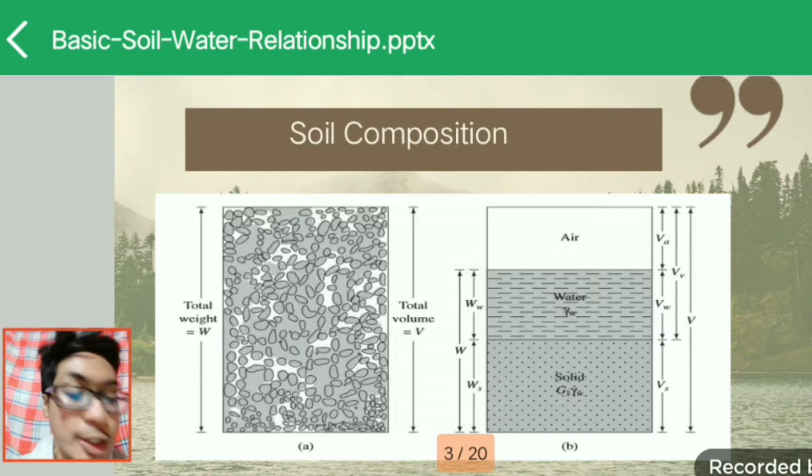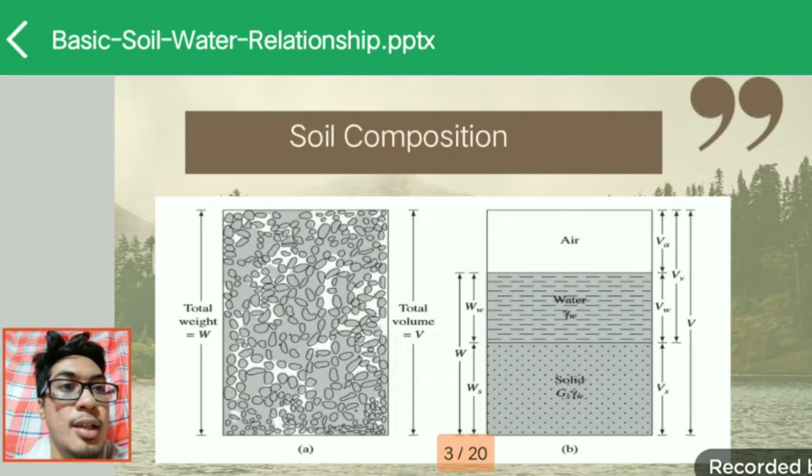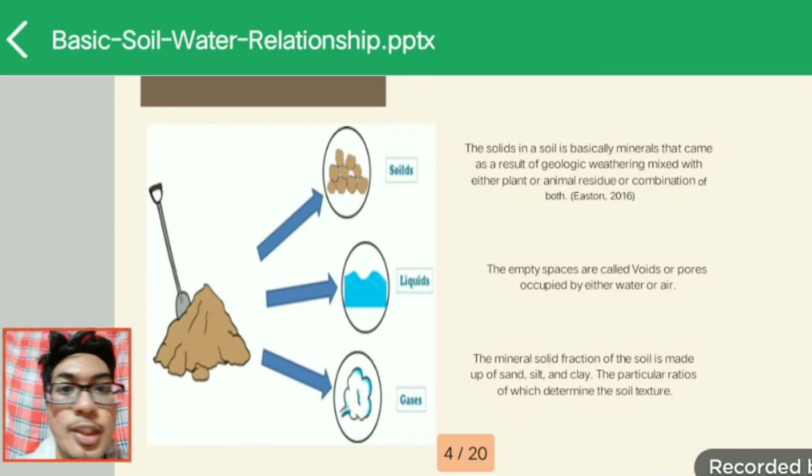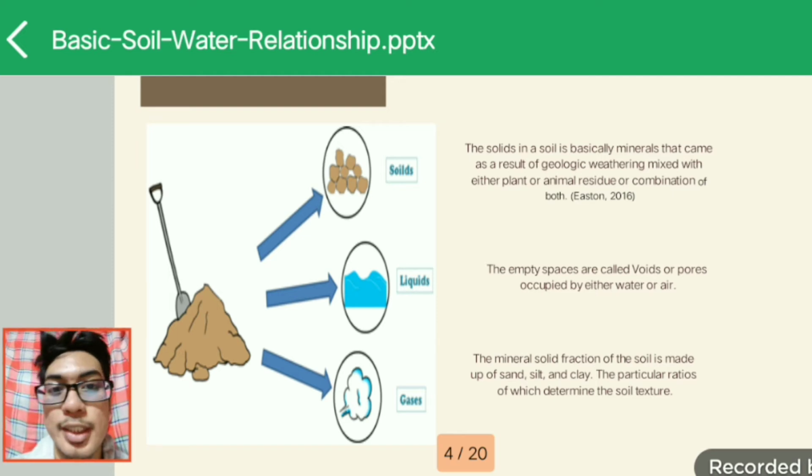The solids in the soil are basically the minerals that came as a result of geologic weathering. So what is soil composed of? Solid, liquid, and gas. And what is the solid composed of?